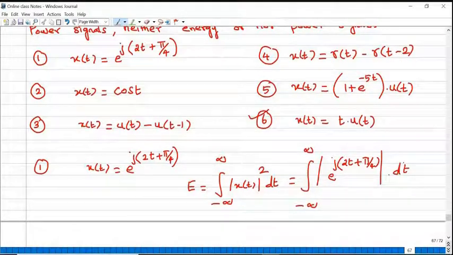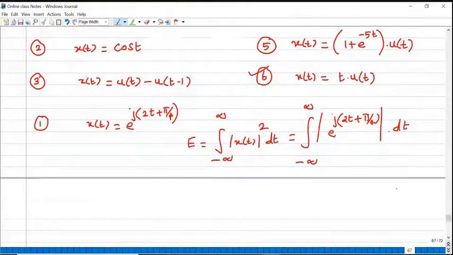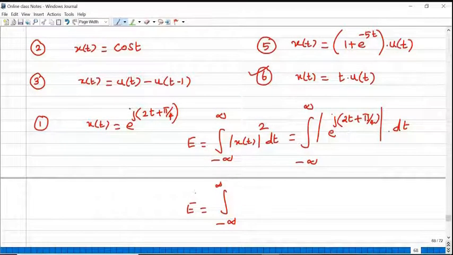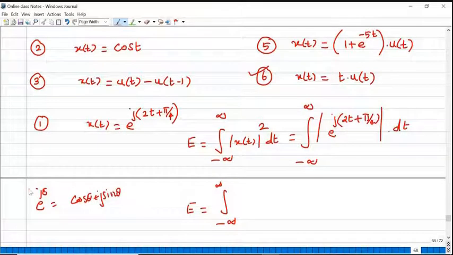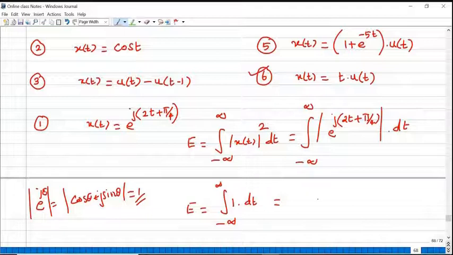We know that e power j theta equals cos theta plus j sin theta. If we find the modulus, you will get the square root of cos squared theta plus sin squared theta, and the value is 1. So the result is the integral of 1 dt, which gives t from minus infinity to infinity. The energy of the signal will be infinite.